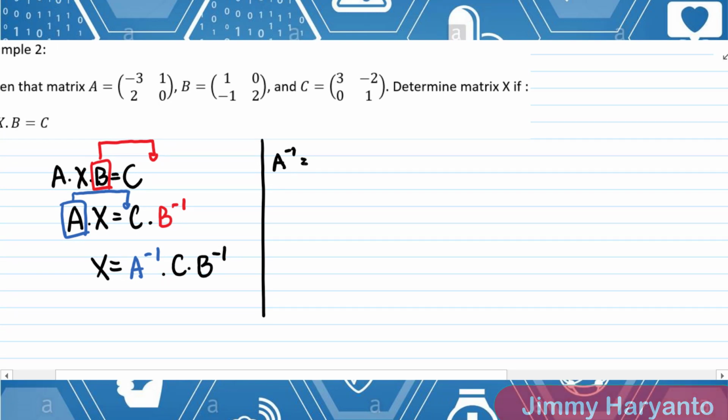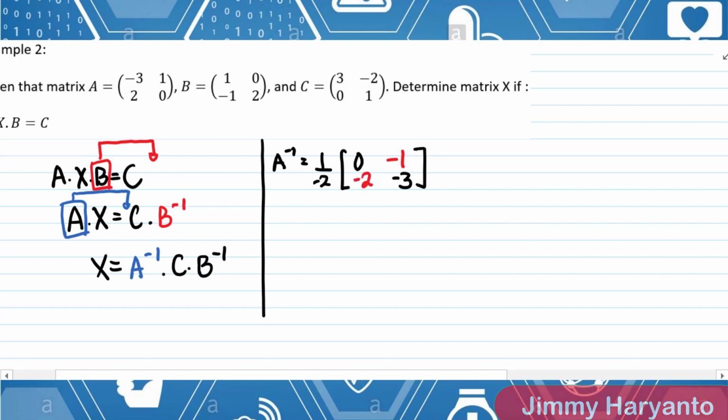Before we calculate, we can find the A inverse. The formula is 1 over the determinant. The determinant of A is 0 minus 2, negative 2, and then times the adjoint. For the adjoint, you have to switch the negative 3 and 0, A and D, reverse, and then for the second and third elements you have to give a negative sign like this.